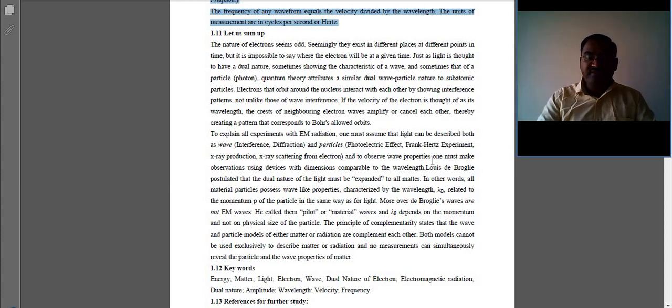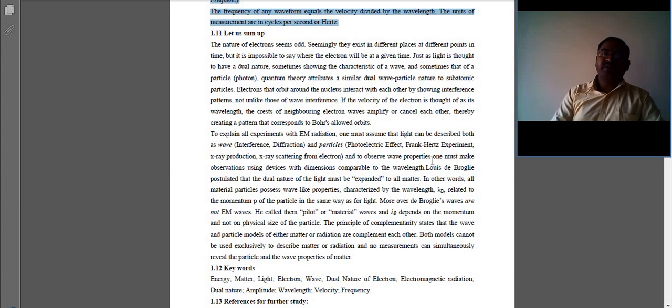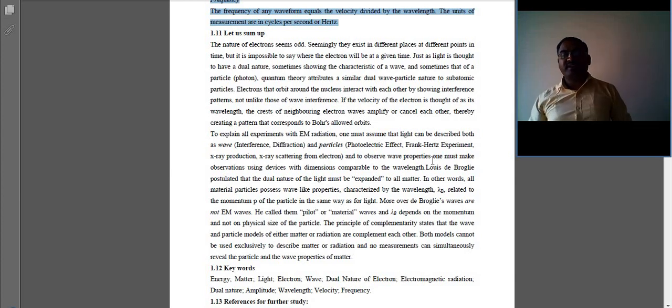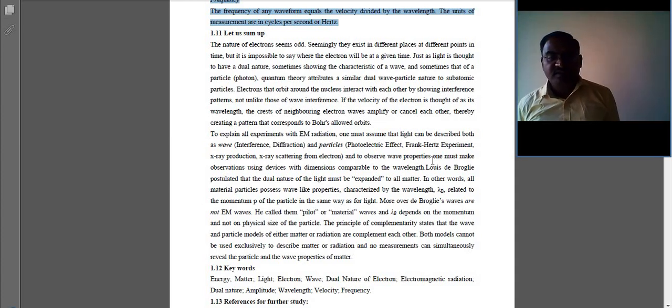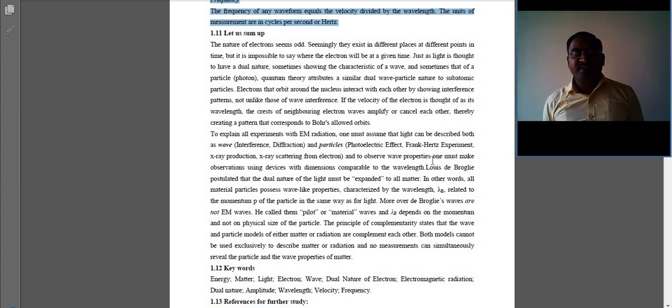To explain all experiments with electromagnetic radiation, one must assume that light can be described as both wave and particles. Different theories explain this.